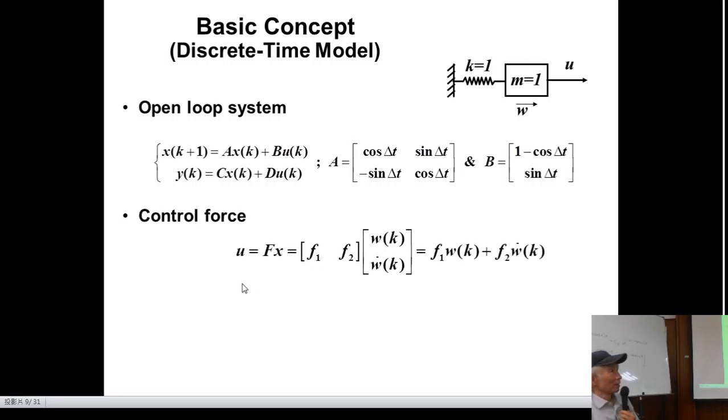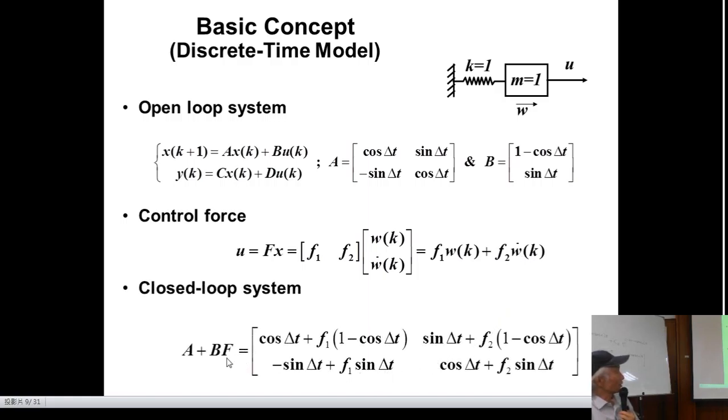Control force, the same thing. U equal to Fx equal to F1, F2, then F1 times Wk plus F2 times W dot k. All right, then my closed loop system becomes this. A plus BF, A plus B times this F, then this is my closed loop system state matrix.